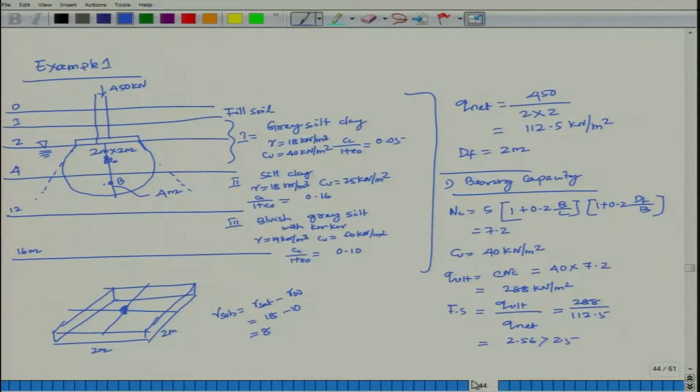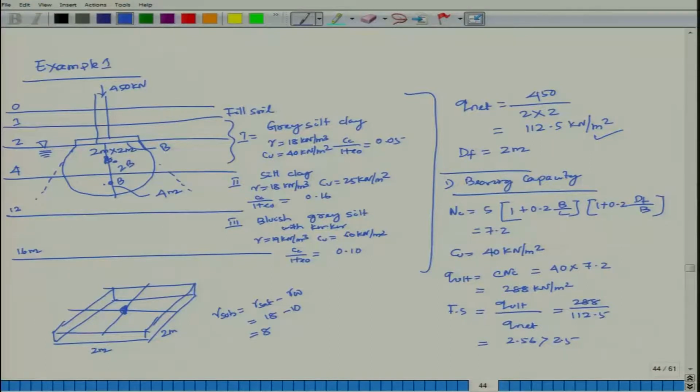In this case what happens, once foundation is put there, the general effect we see, if this is my B, the effect will be 2B. So, if it is 2 meter, it will extend up to 4 meter. So, this is your 2 meter and this is your 2 meter. Load intensity has been calculated, load divided by area of the foundation, and bearing capacity also calculated.